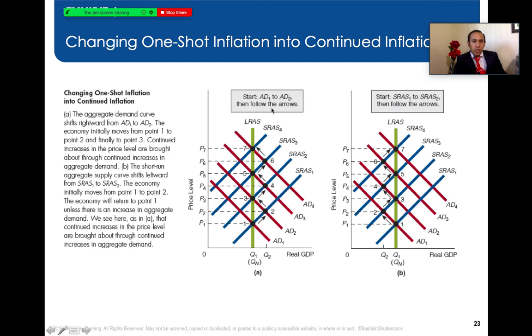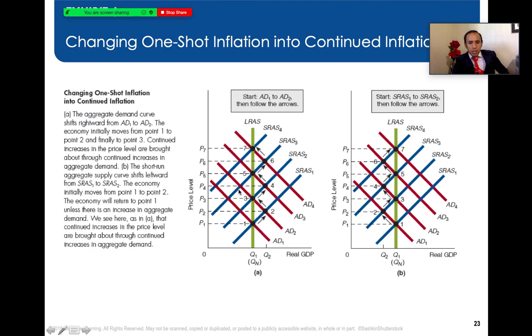In Model A, it increases aggregate demand from AD1 to AD2, and then we go back to equilibrium at 3 through the supply side, to the supply curve, and from AD2 we increase aggregate demand to AD3. Aggregate demand continues to increase and continues to shift to aggregate demand 4, reaching a higher price level.